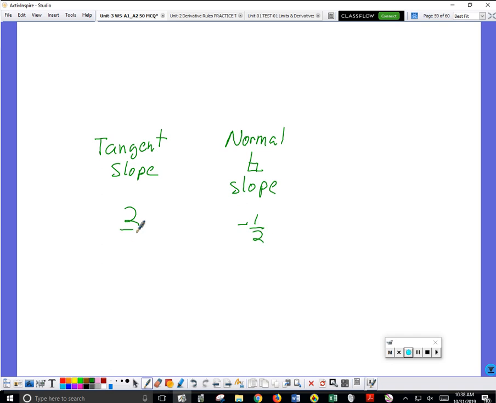Because this was 2 over 1, reciprocal means flip, make it negative. If you started here with a slope of negative 2/5, the normal slope would be positive 5/2. Okay. Is that your question?